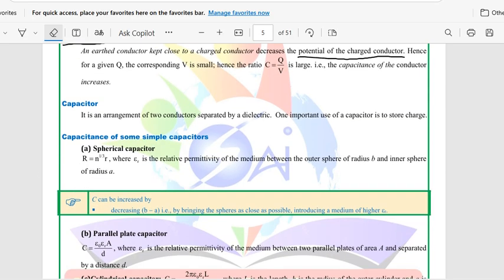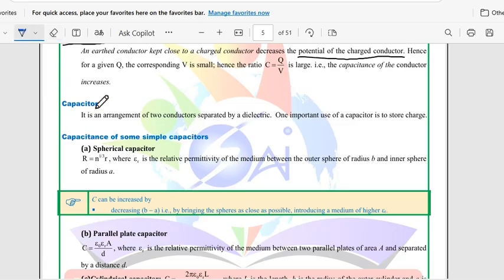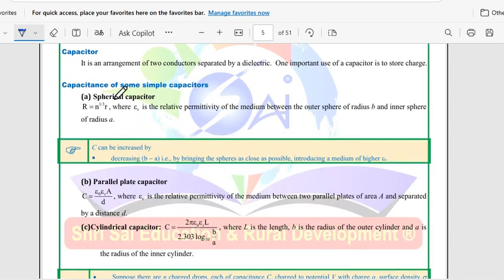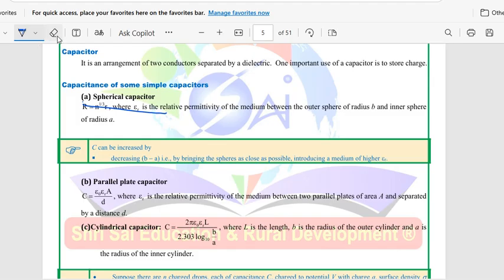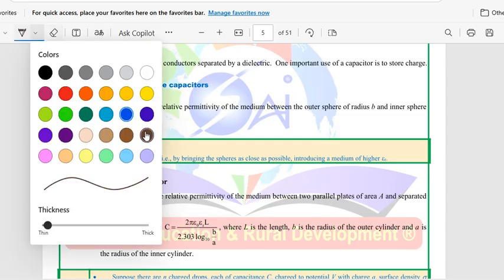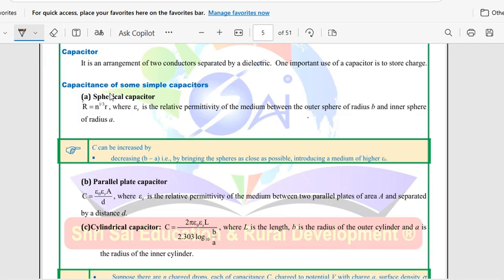In the previous session I have discussed the capacitor and the capacitance of the capacitor, how it is denoted, and what the SI unit of capacitance is. So in today's concept, let us learn about some of the applications related to capacitance, that is the spherical capacitor.